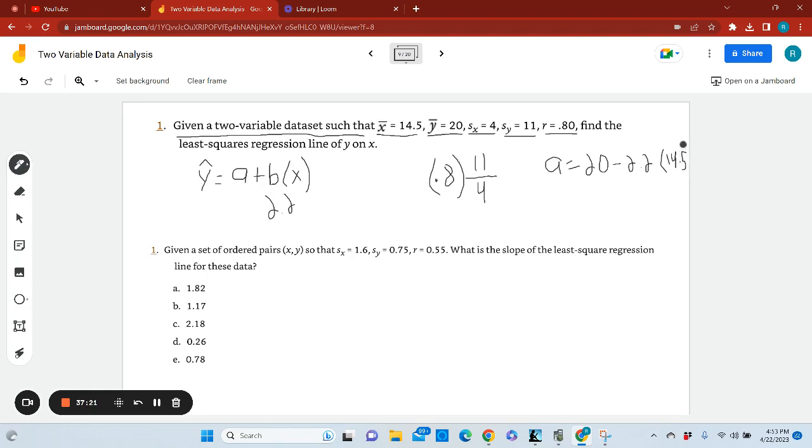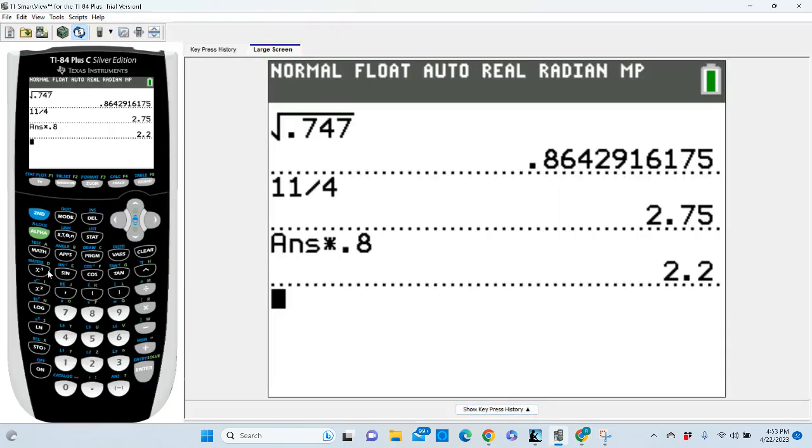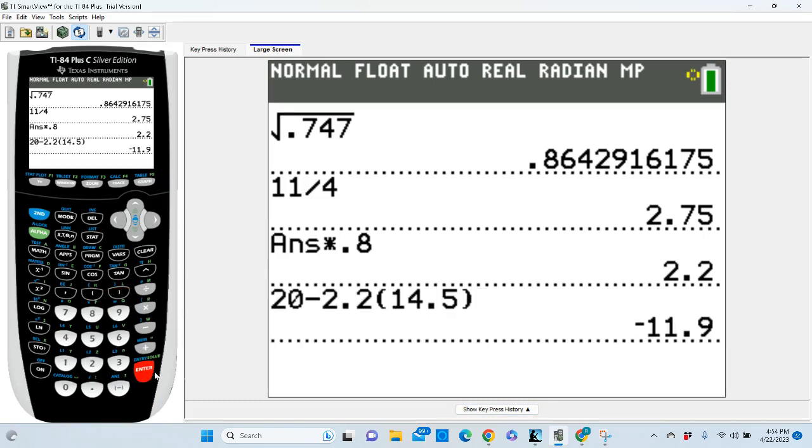So I'm just going to plug this into my calculator. 20 minus 2.2 times 14.5. And I get that the y-intercept is going to be negative 11.9.